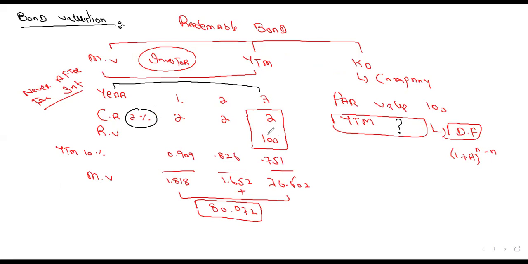The redemption value is 100. And the YTM we have to find. But the market value was already calculated by the examiner, and that was 80.072. Now see guys, how you will compute the YTM. Just hold on.